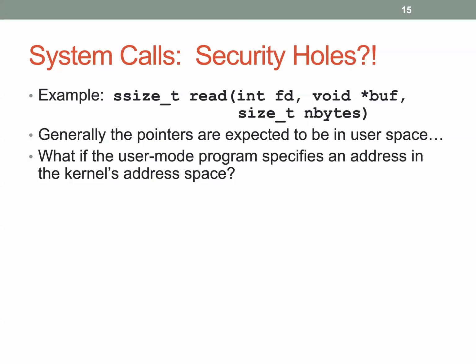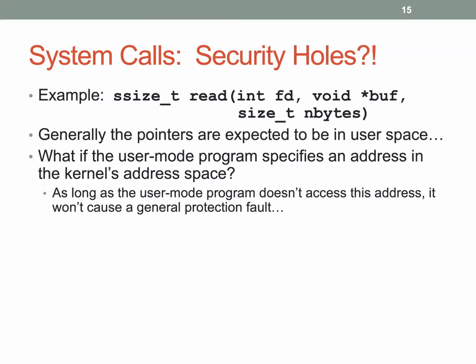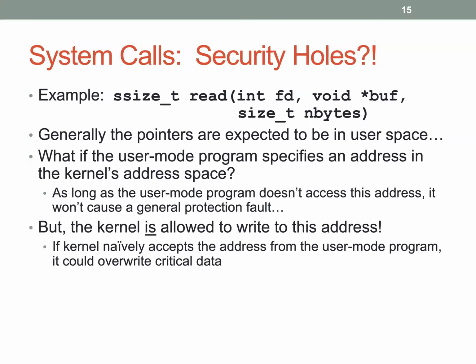The kernel has to be very careful not to make mistakes in what it accesses. So like it says here on the slide, as long as the user program doesn't access the address directly, it can construct an address and just pass it, but it doesn't dereference it, no problem, no fault. You're fine. The thing is, the kernel is allowed to write to the address.